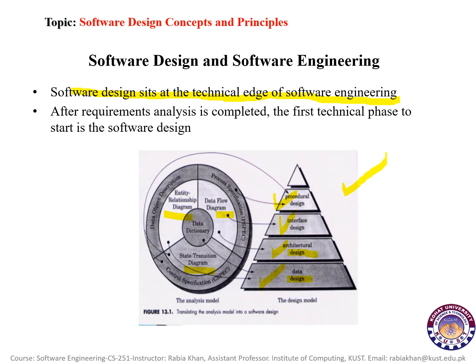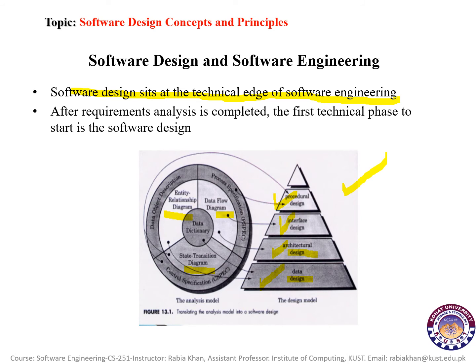Architectural design defines the relationship between the major structural elements of the software, the design patterns that can be used to achieve the requirements that have been defined earlier for the system in the previous chapter, and the constraints that affect the way in which architectural design patterns can then be applied.